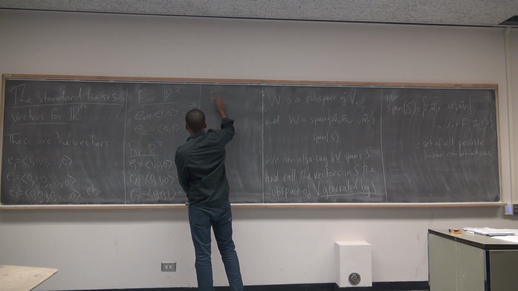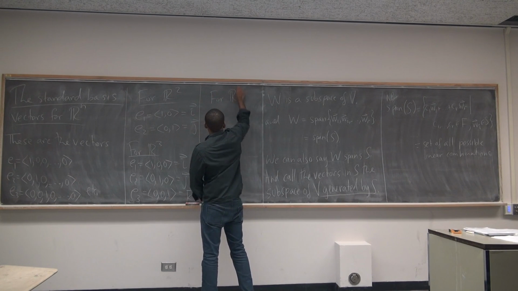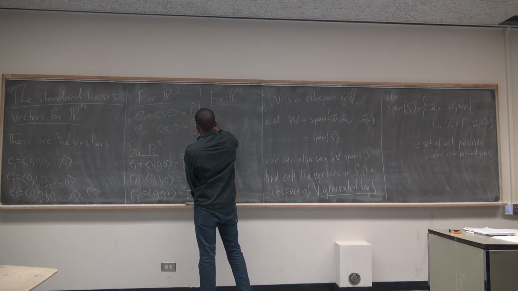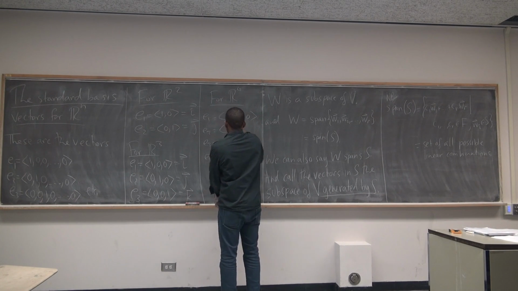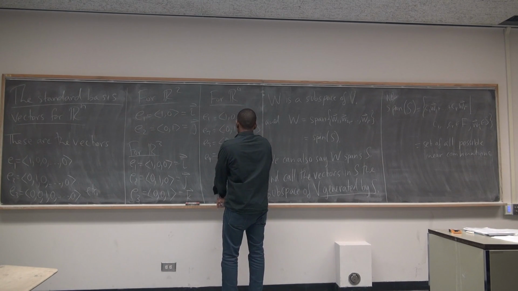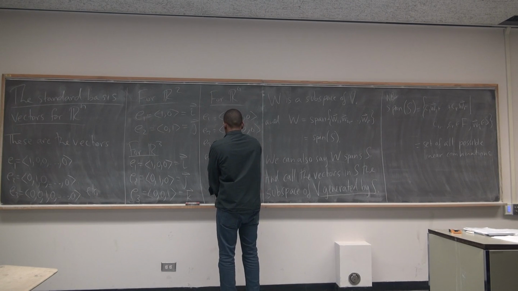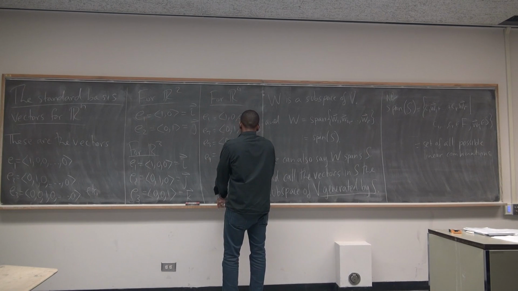So for something like R4, our basis vectors are e1, e2, e3, e4: (1, 0, 0, 0), (0, 1, 0, 0), (0, 0, 1, 0), (0, 0, 0, 1).